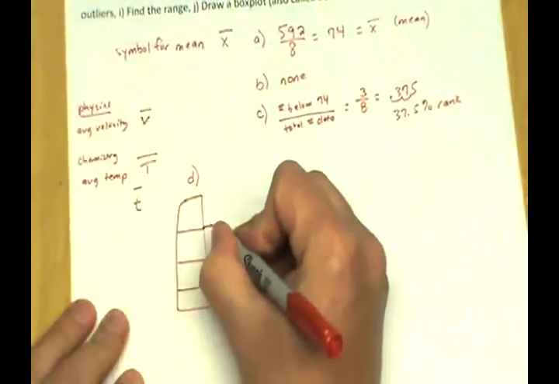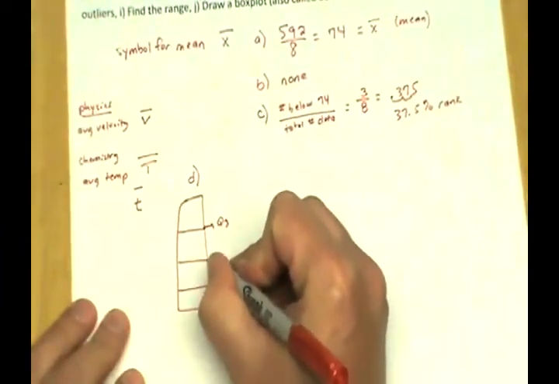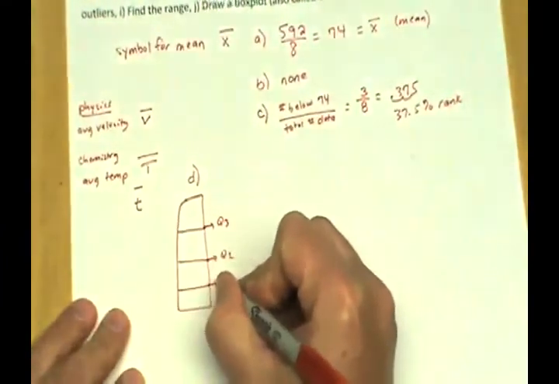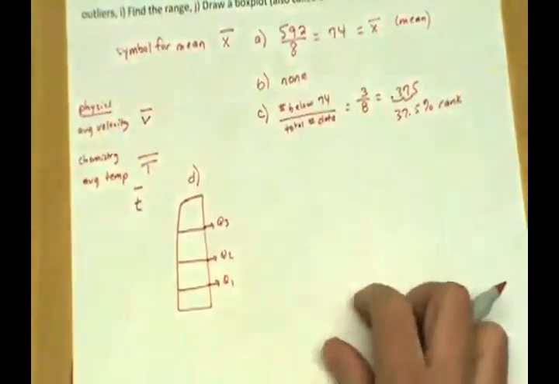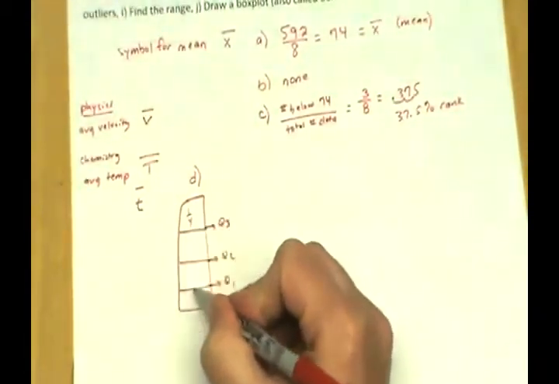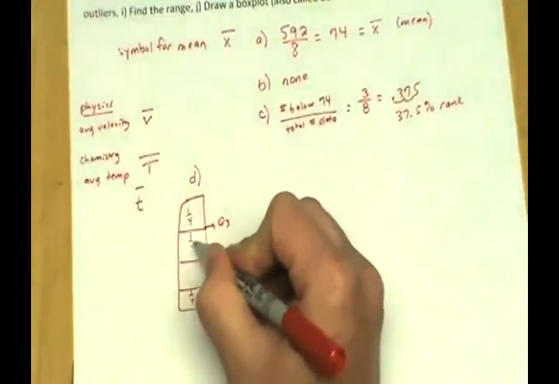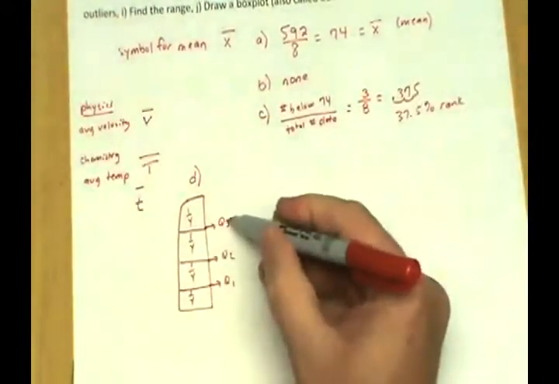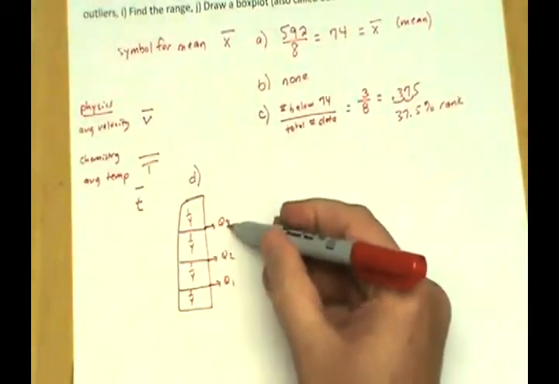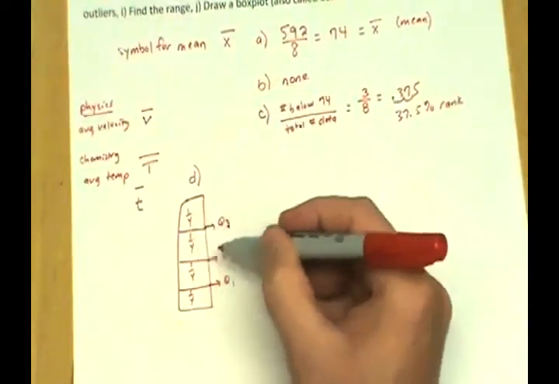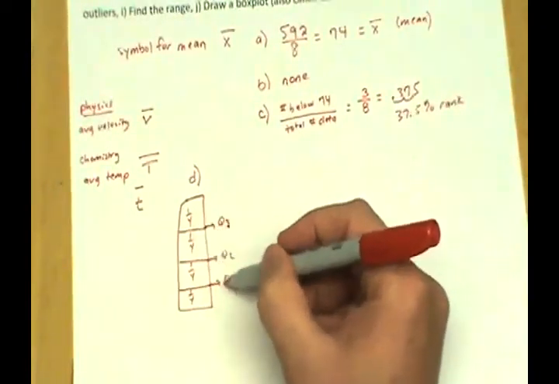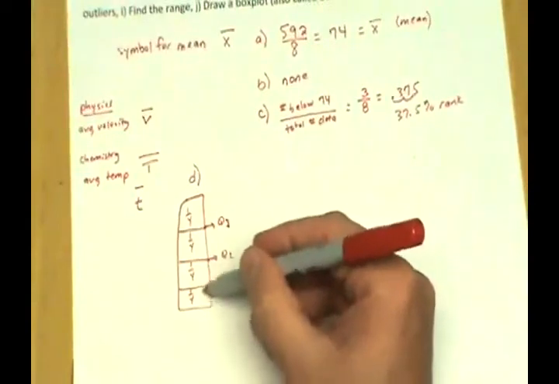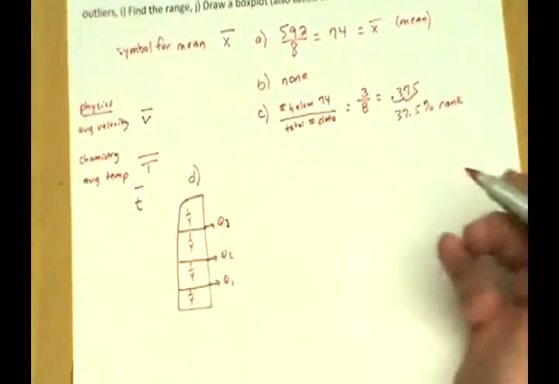And this piece of data here is Q3, this piece is Q2, this piece is Q1. Those are your quartiles. And that breaks the top quarter and the bottom quarter and the 2 quarters in the middle. And so that's what we're trying to find. Quartile 3 breaks the data into the top quarter and the next quarter, and quartile 2 is the middle, and quartile 1 breaks up the bottom 2 quarters of data.